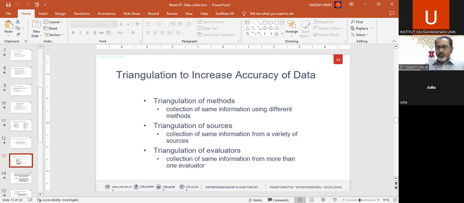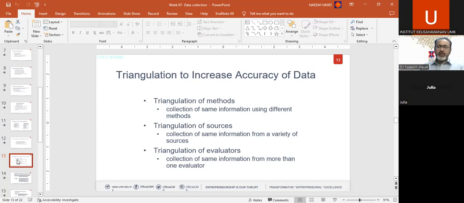That's multiple sources. Similarly, in organizational studies, we sometimes collect data from employees, so we must also collect data from the leaders of the organization. Similarly, when collecting data from students, we can collect data from the head teacher or administrator of the school. So this is triangulation of sources.